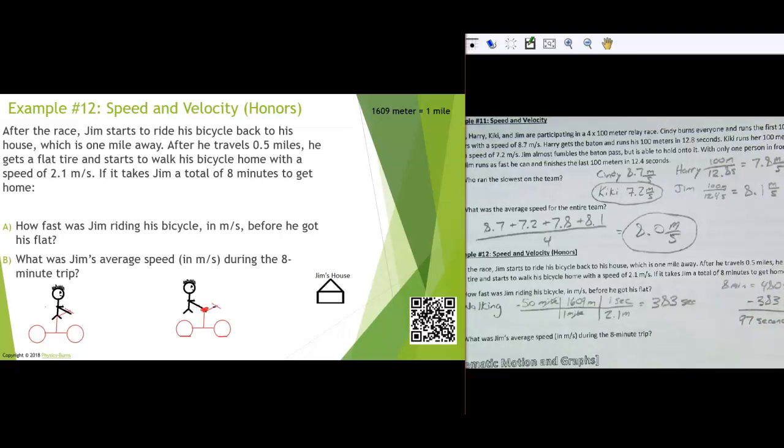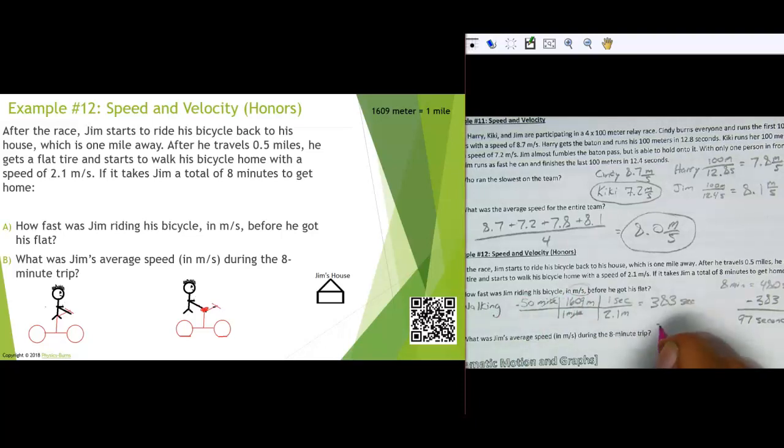So in this example, I'm trying to find out what his meters per second was. He did a half mile, 0.5 mile. If I do a conversion, 1 mile is 1609 meters.